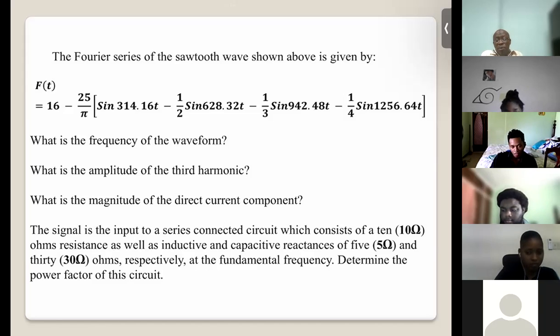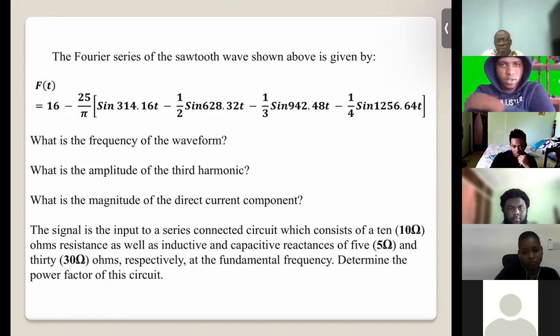Okay, amplitude. How do we go about finding the amplitude? Remember, I'm not doing the question. How do we go about finding the amplitude of the third harmonic? Which is the third harmonic? The one with 1/3, sir. Good. So what is the amplitude?